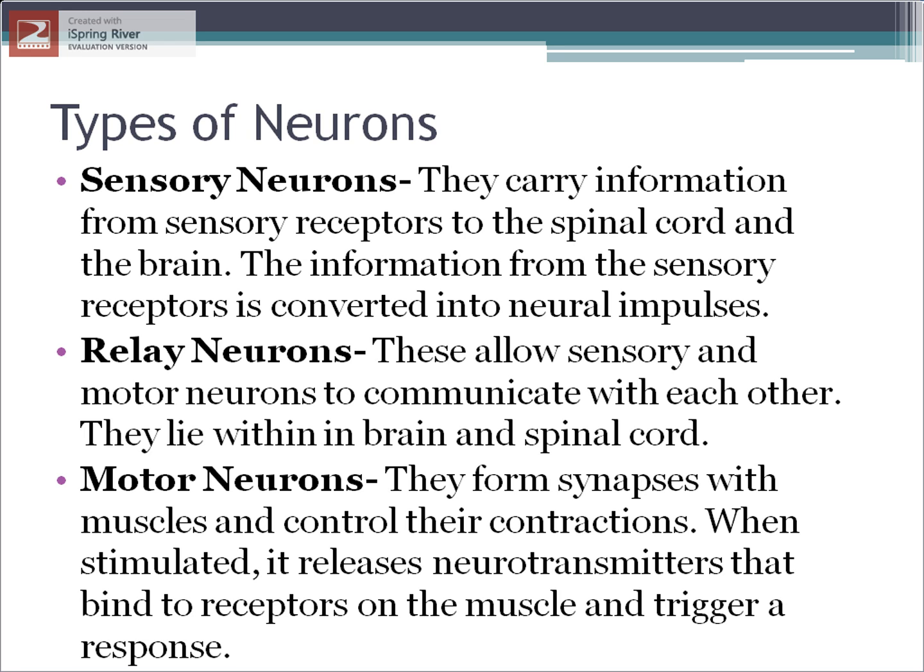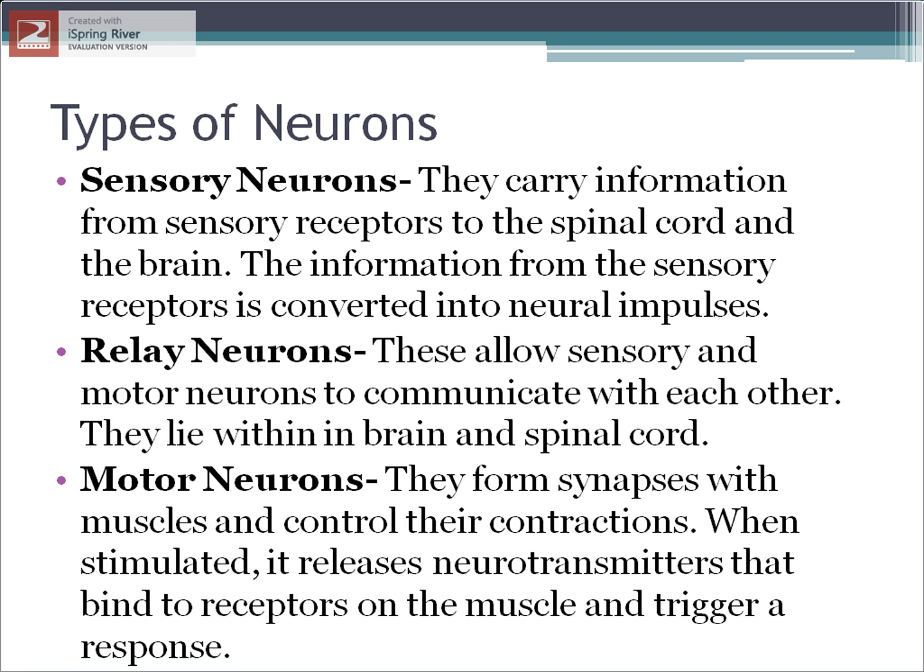When stimulated, the motor neurons release neurotransmitters that bind to receptors on the muscle and trigger a response which leads to muscle movement. When the axon of a motor neuron fires, the muscle with which it has formed synapses contracts. Muscle relaxation is caused by inhibition of the motor neuron.